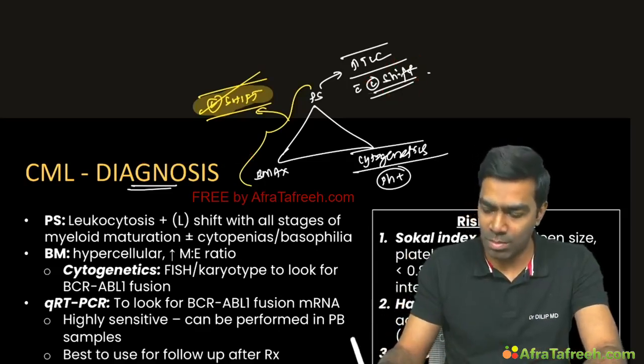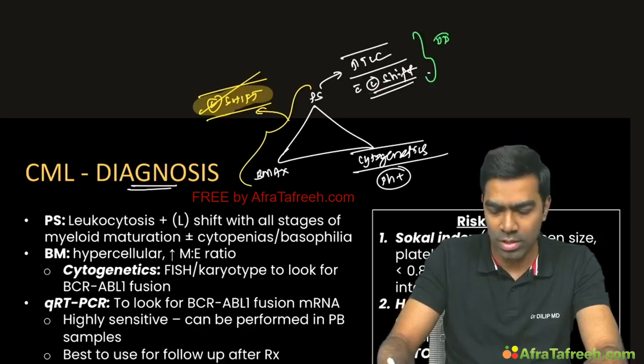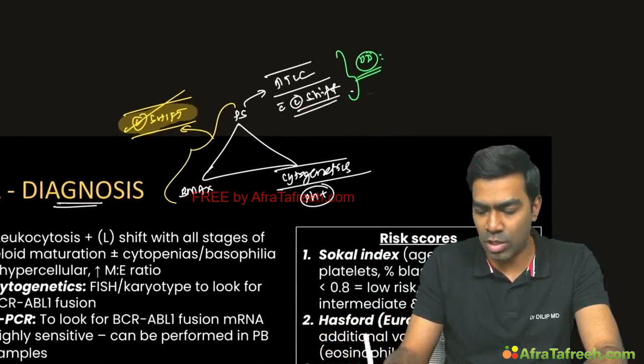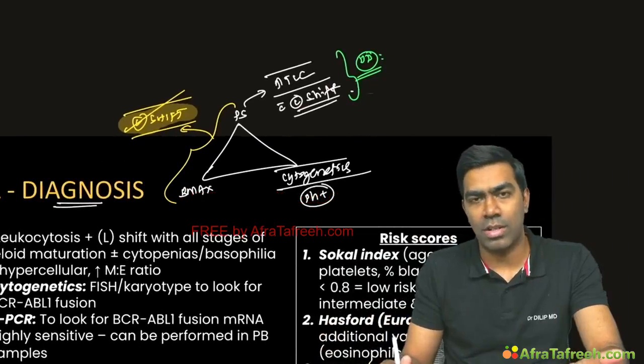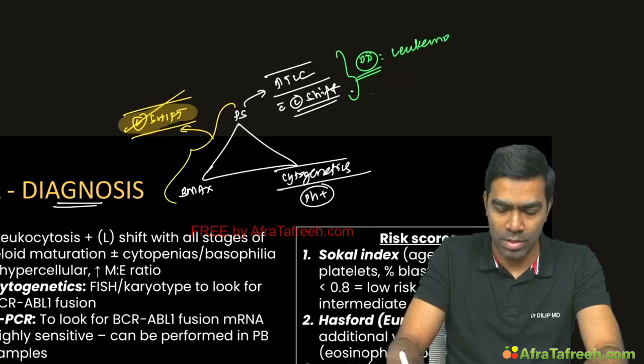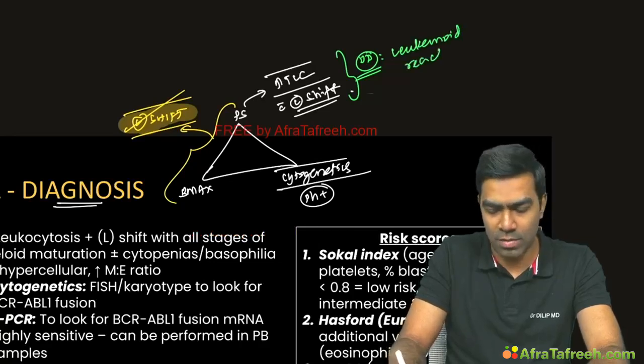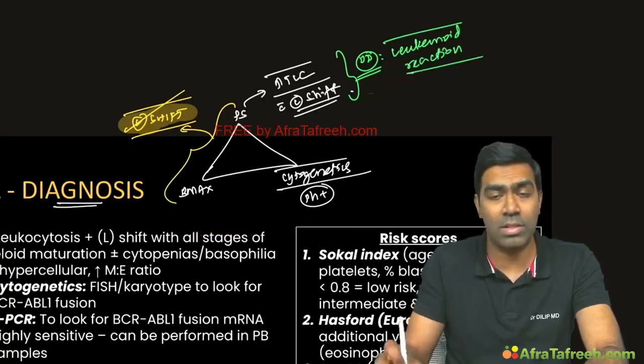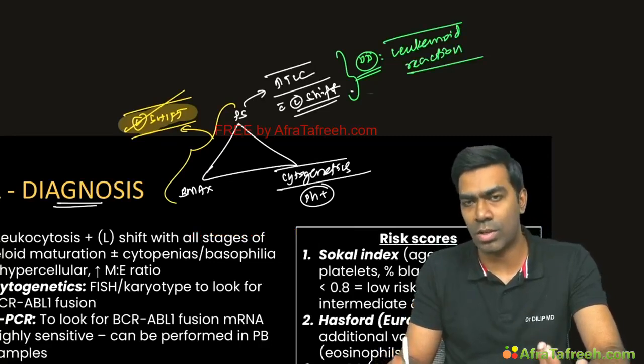And one of the most important differential diagnoses of increased WBC, predominantly granulocyte lineage with a prominent left shift, is leukemoid reaction. Obviously, the patient will be having some underlying problem like sepsis if you want to diagnose leukemoid reaction.